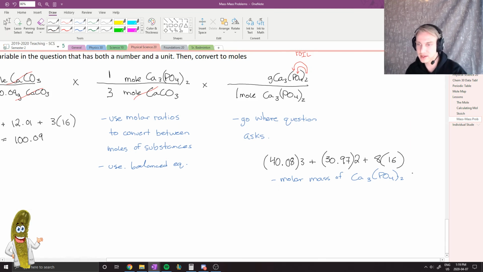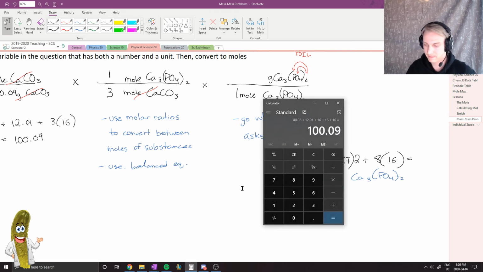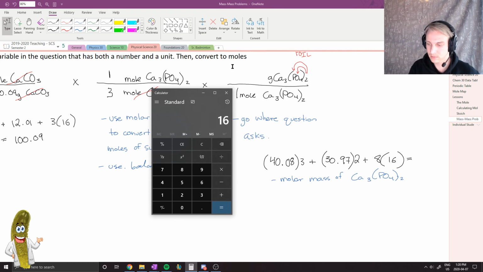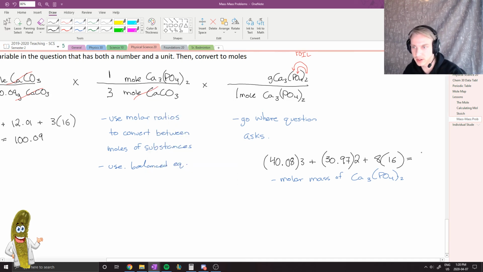And what we find is that this is equal to 310.21.